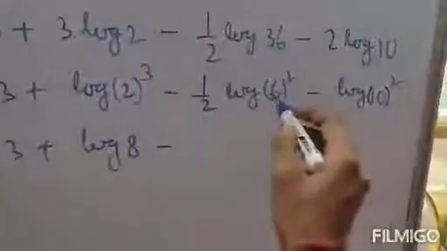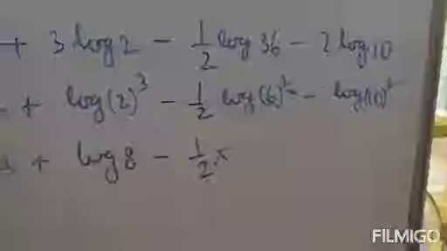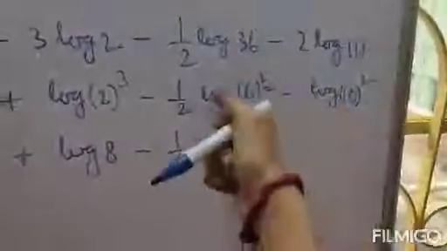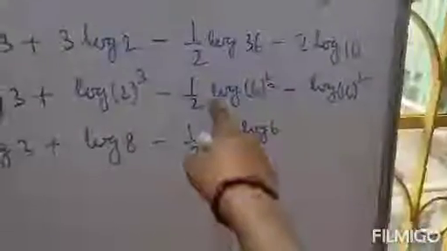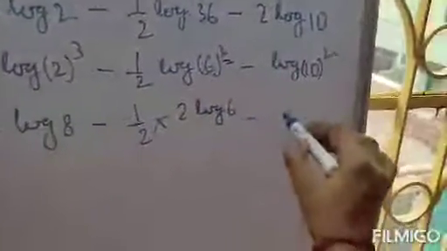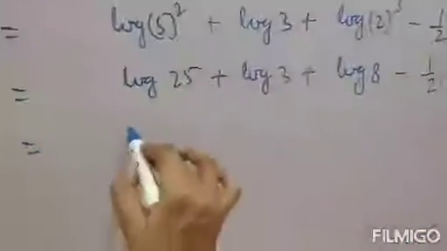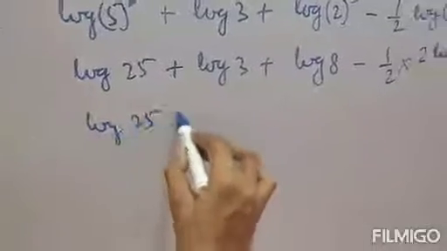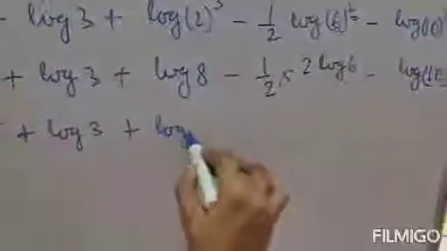Here 2 is in power, so it will multiply with the log term, the power law. So we can write 2 log 6, minus log 10 to the power 2. Again we can write log 25 plus log 3 plus log 8.